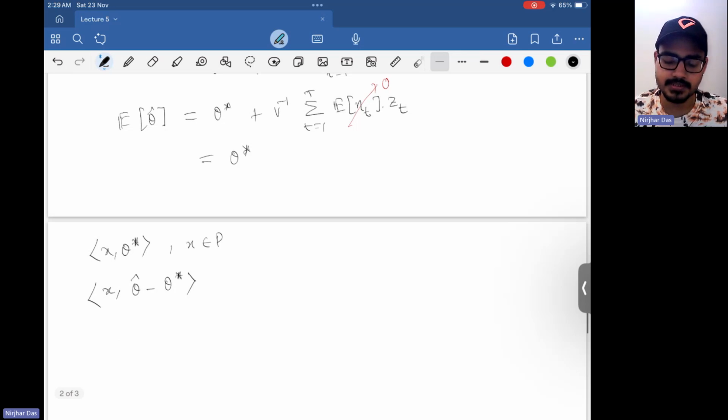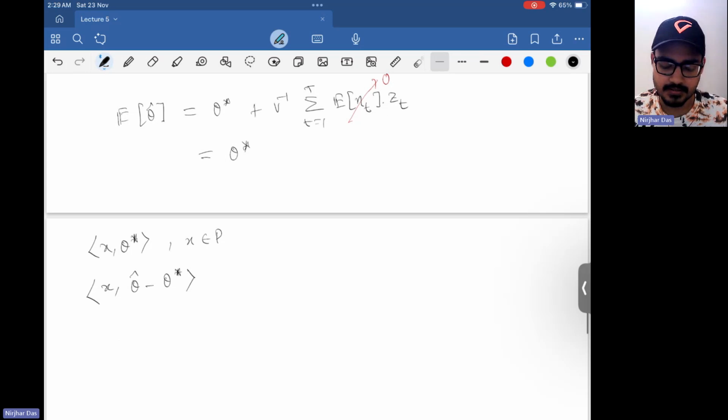So we want to minimize this quantity in some sense. More specifically, let's just call this the variance. We want the variance of this thing to be small.